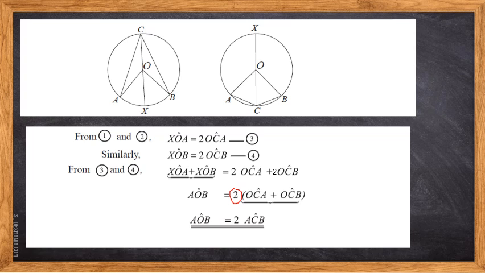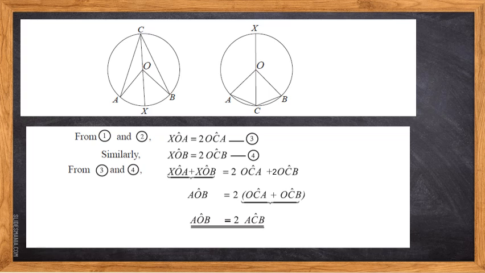Then OCA plus OCB forms this angle, which is ACB. Then instead of this part we have written ACB. Then what we have proven is that the angle subtended on the center of a circle by an arc is twice as the angle subtended by the same arc on the remaining part of the circle.